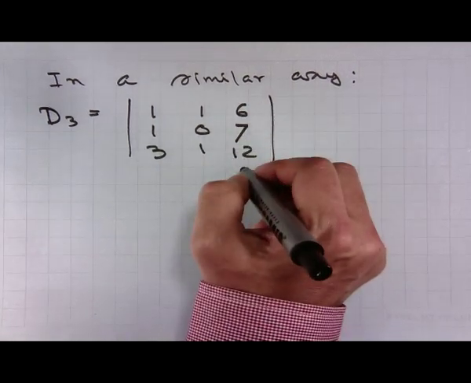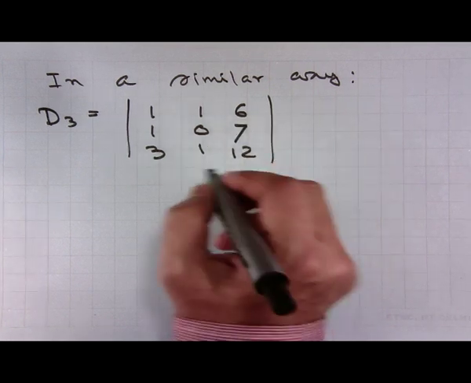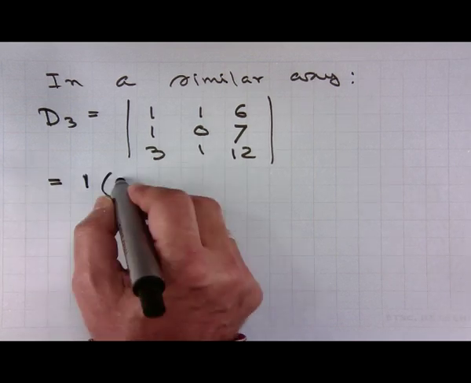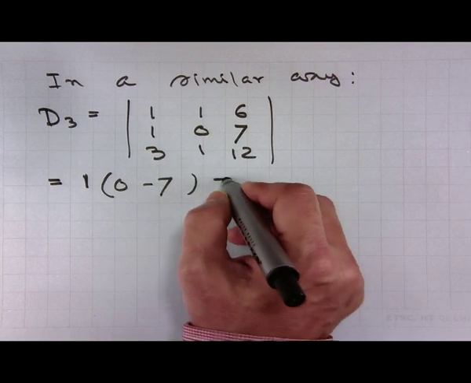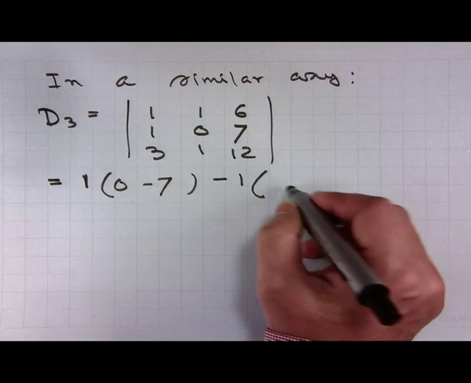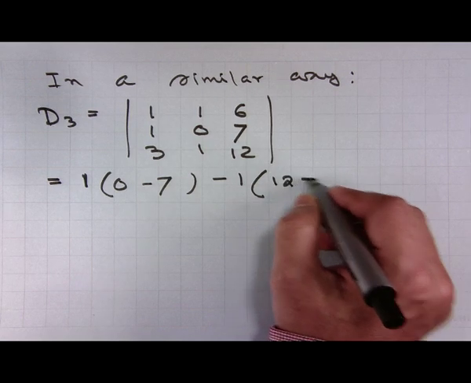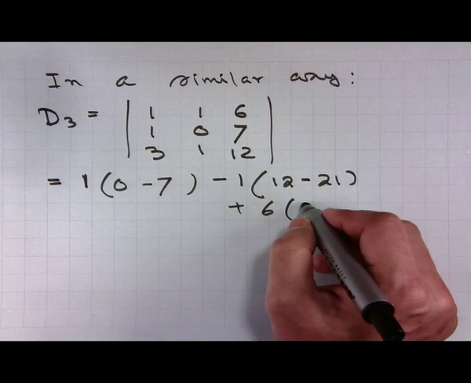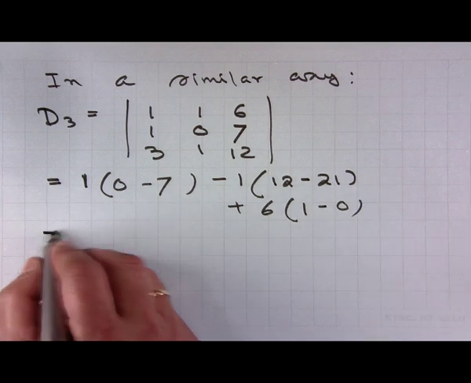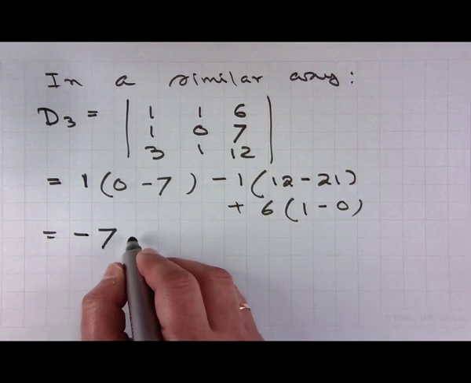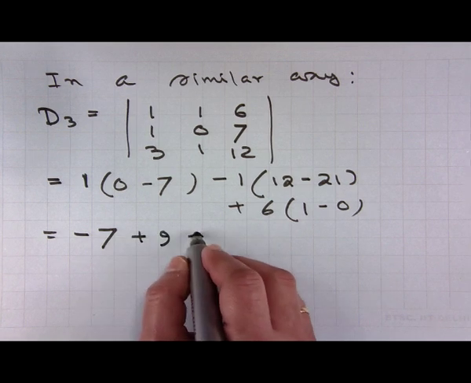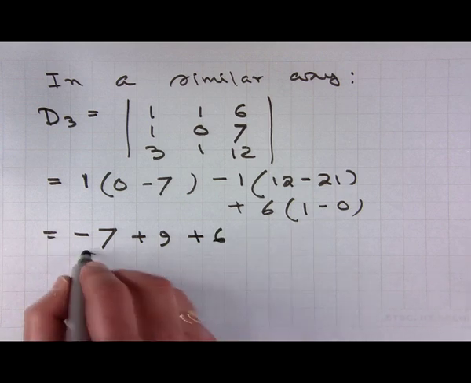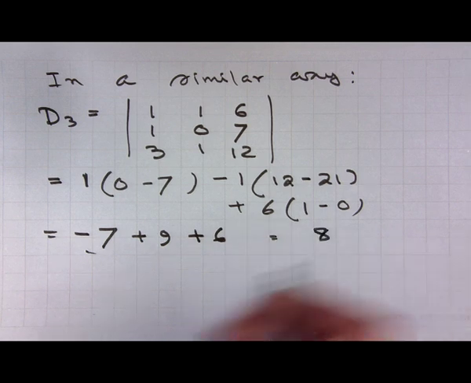We have replaced the third column with the B vector. It is 1 into (0 minus 7) minus 1 into (12 minus 21) plus 6 into (1 minus 0), which is equal to minus 7 plus 9 plus 6 is equal to 8.